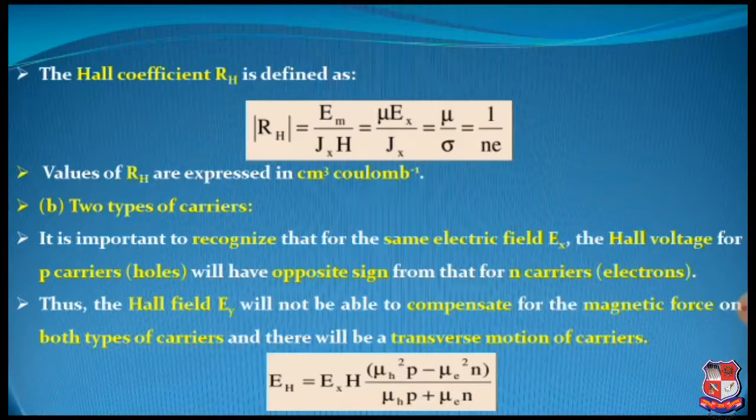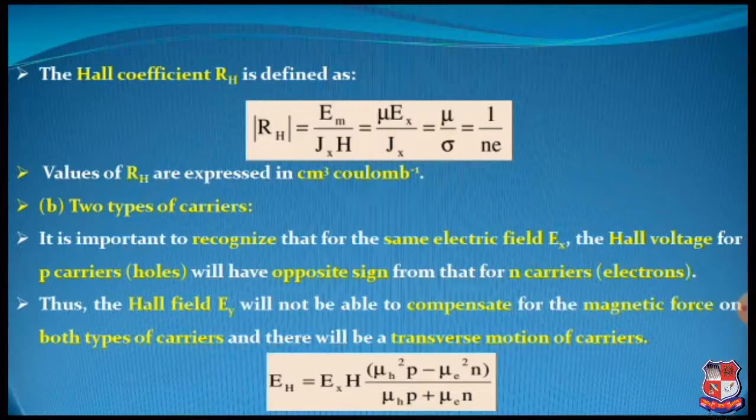Finally we get mu upon sigma, that is the simple relation 1 upon n into e, where n is the charge carrier concentration and small e is the charge of electron. The most important, the dimension of Hall coefficient is expressed in the unit centimeter cube upon coulomb.